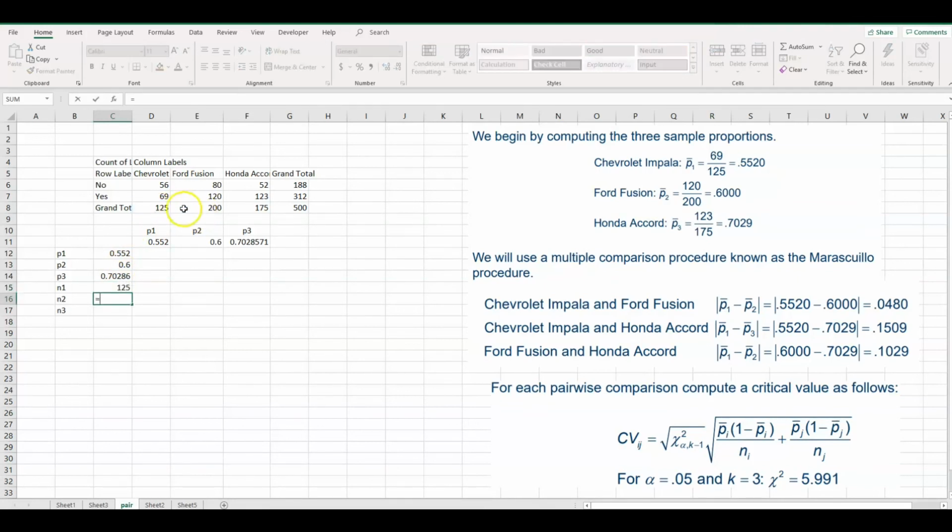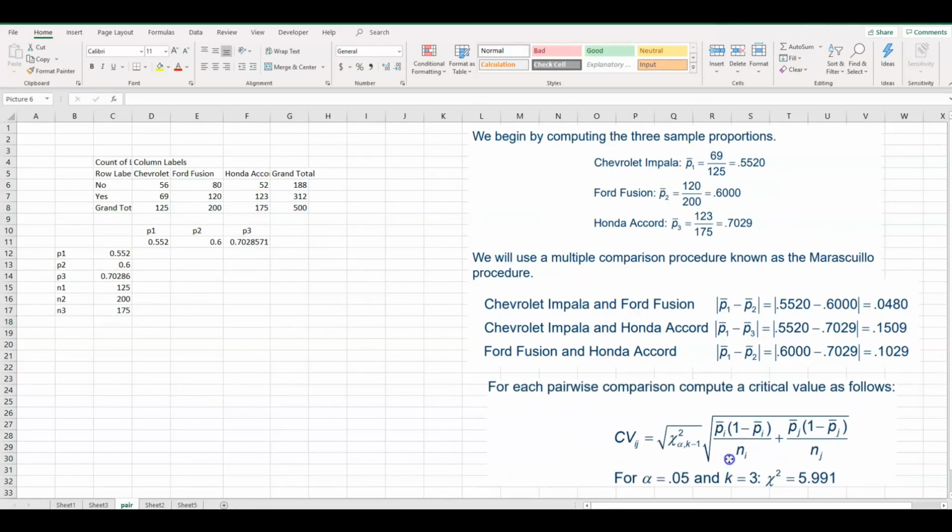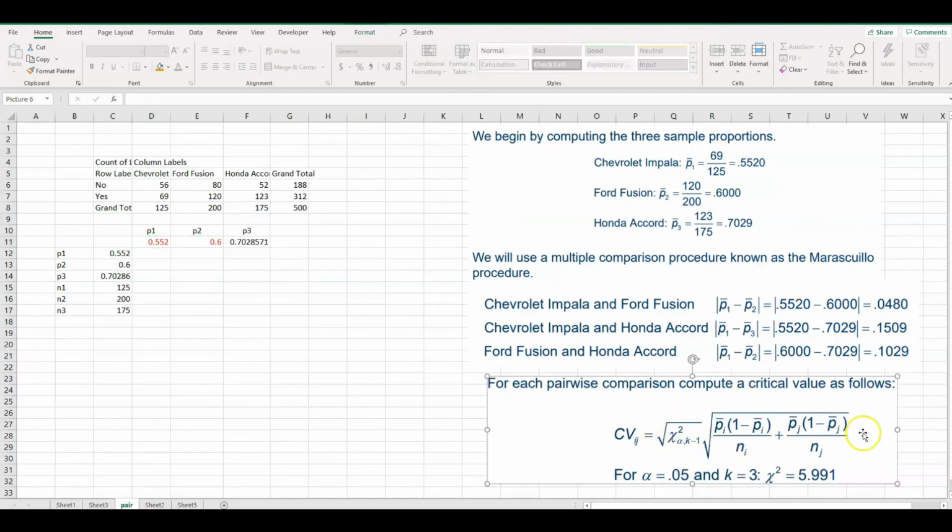The basic idea is, for example, we compare Chevy and Ford. Suppose we compare these two numbers. The absolute values are different between these two values compared with the critical value, so it's difficult to calculate this critical value.